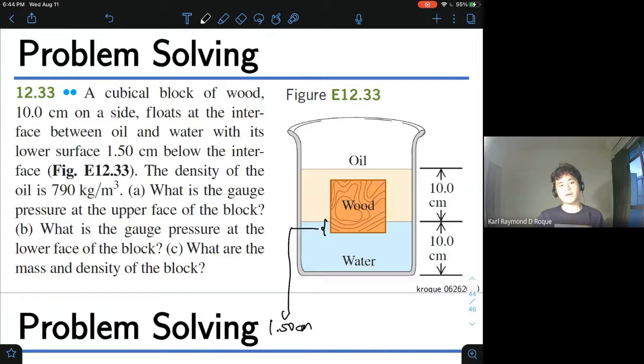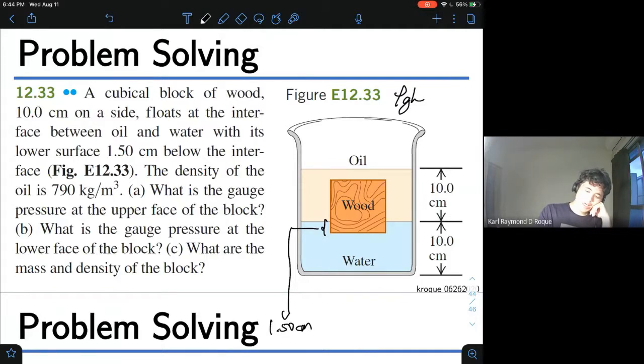The density of the oil is 790 kilograms per cubic meter. What is the gauge pressure at the upper surface of the block? What is the gauge pressure at the lower face of the block? What are the mass and density of the block? Sige, ano ba yung mga relevant equations? Gauge pressure, rho GH, di ba?